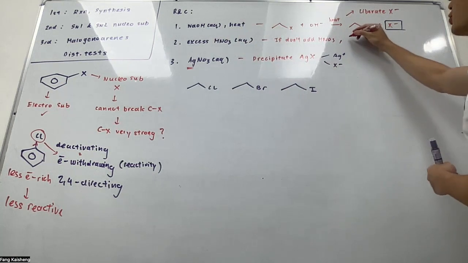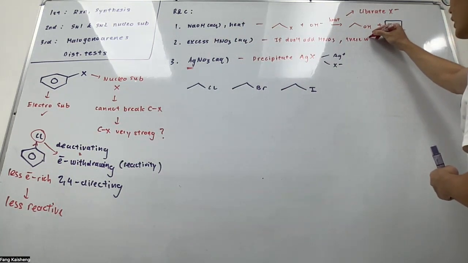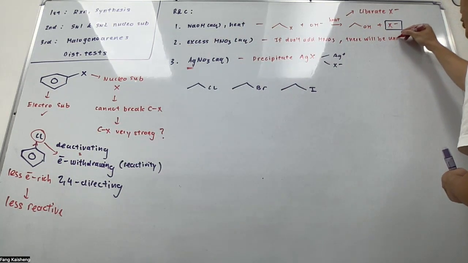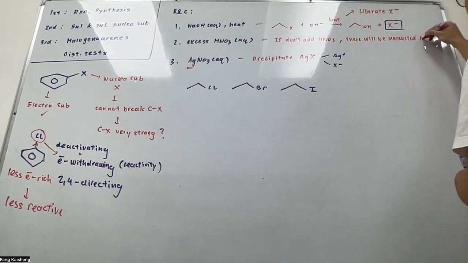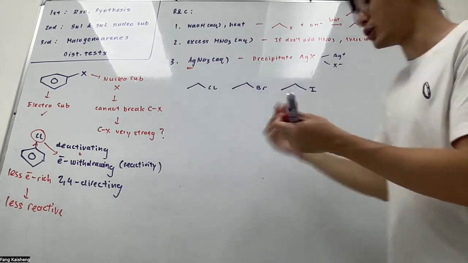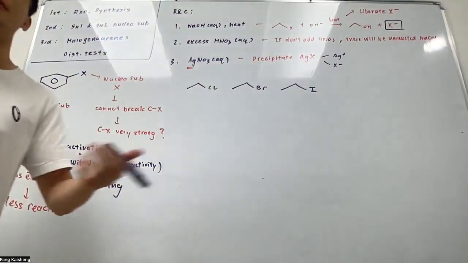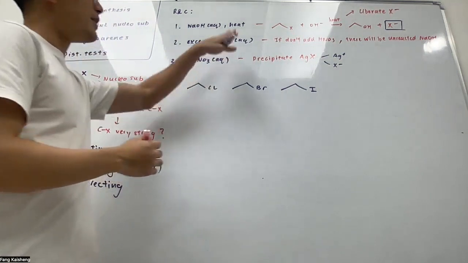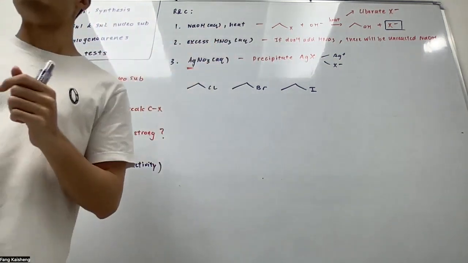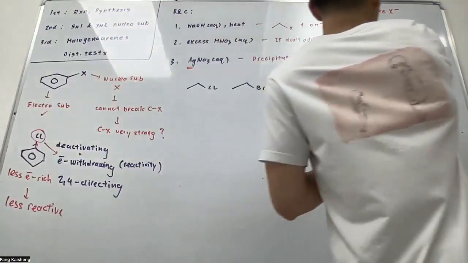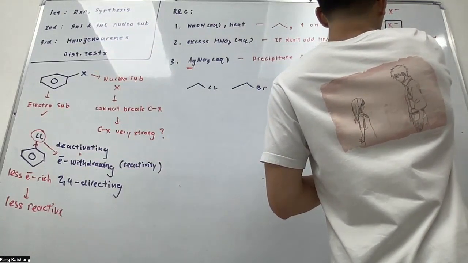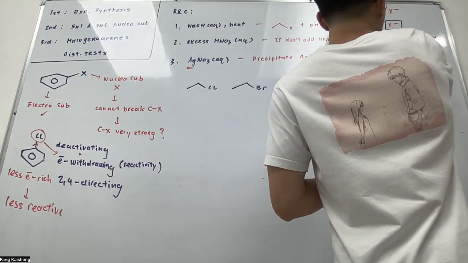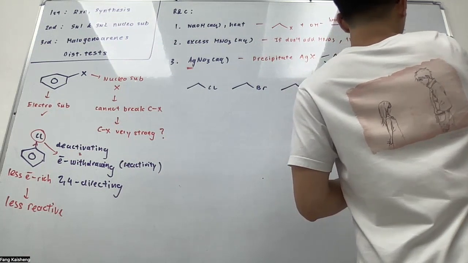If we don't add HNO3, there will be unreacted NaOH, correct? So imagine your solution still has NaOH swimming inside. What's the danger of NaOH? If there's NaOH and you add silver, this is what's going to happen: AgOH, a brown precipitate, will form.